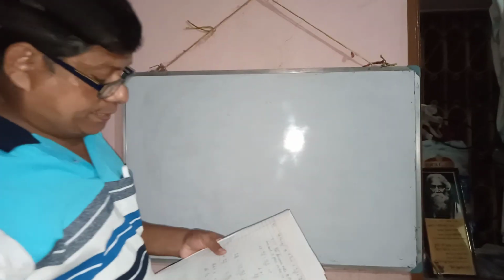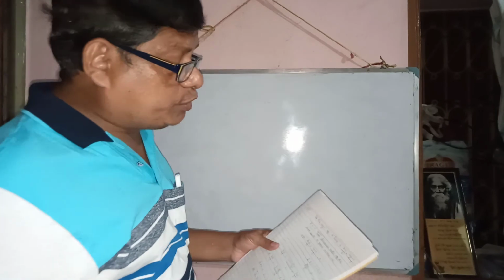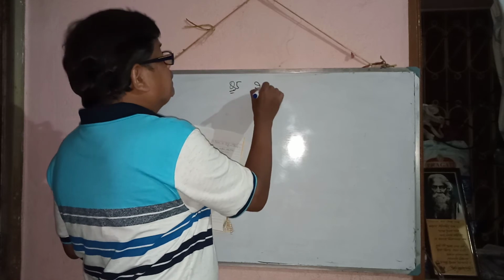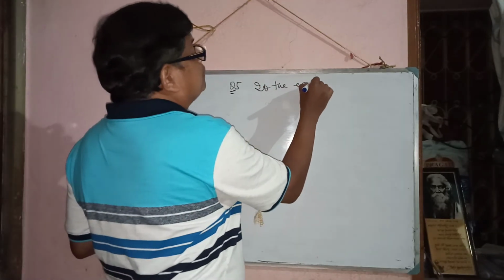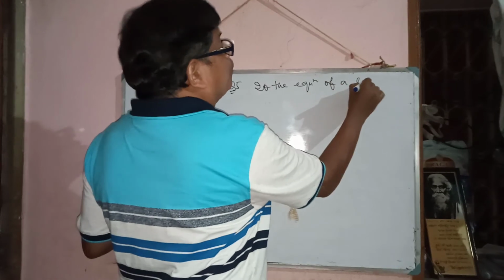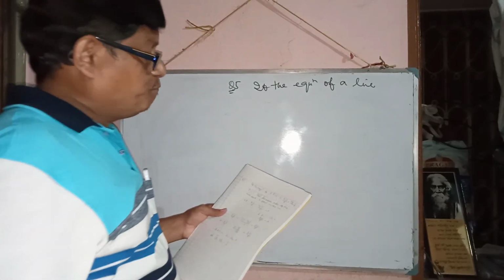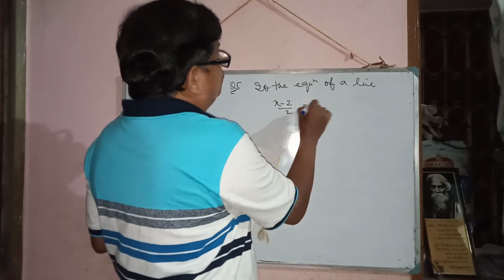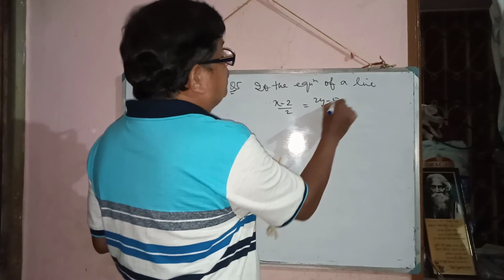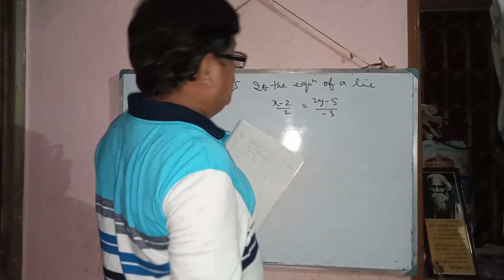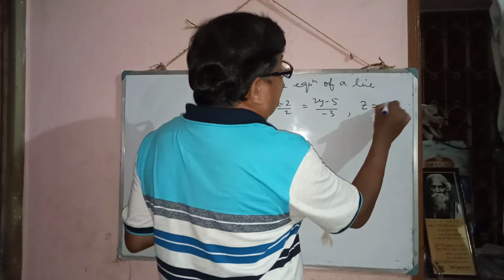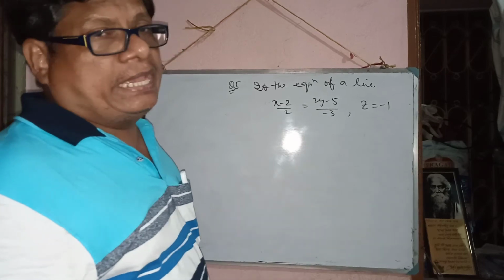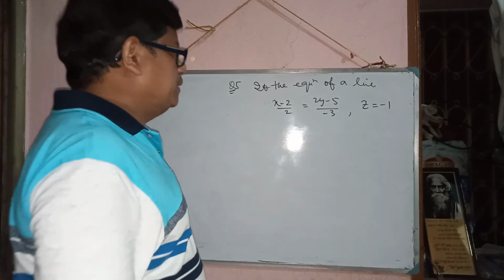Again, look here. Question number 5: if the equation of a line is x minus 2 by 2, 2y minus 5 by minus 3, and z equal to minus 1, find the direction ratio of the line and the point.